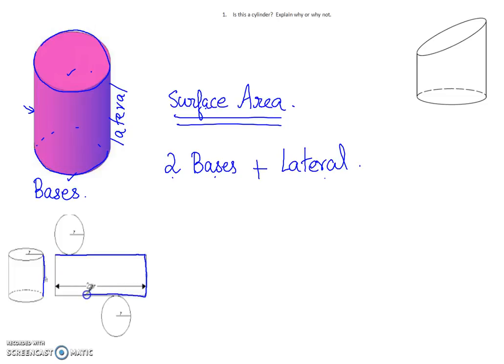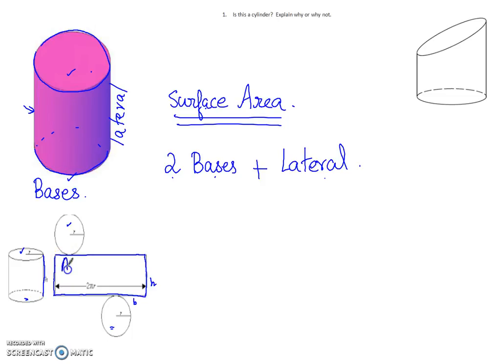The two circles are my two bases. This is the first base and this is the second base. The round lateral surface opens up in the shape of a rectangle. Let's say this is the base and this is the height of the rectangle.